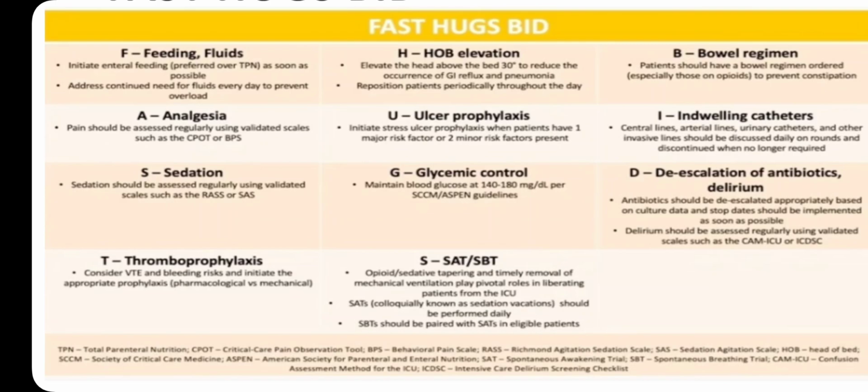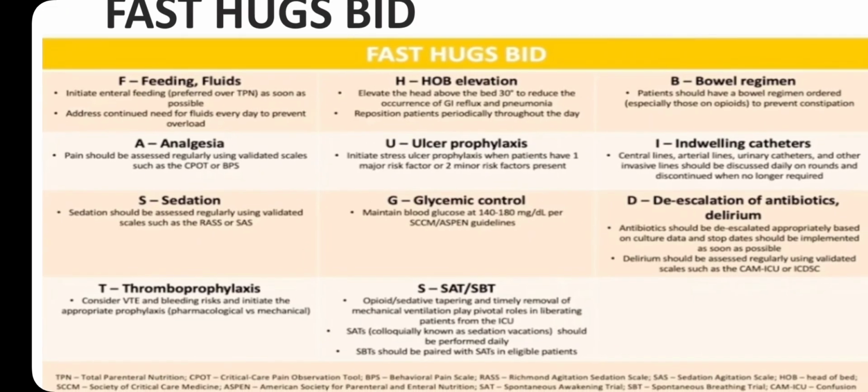SAT is a spontaneous awakening trial and SBT is a spontaneous breathing trial. Opioid or sedative tapering and timely removal of mechanical ventilation play pivotal roles in liberating patients from the ICU. SAT, colloquially known as sedation vacation, should be performed daily, and SBTs should be paired with SATs in eligible patients.